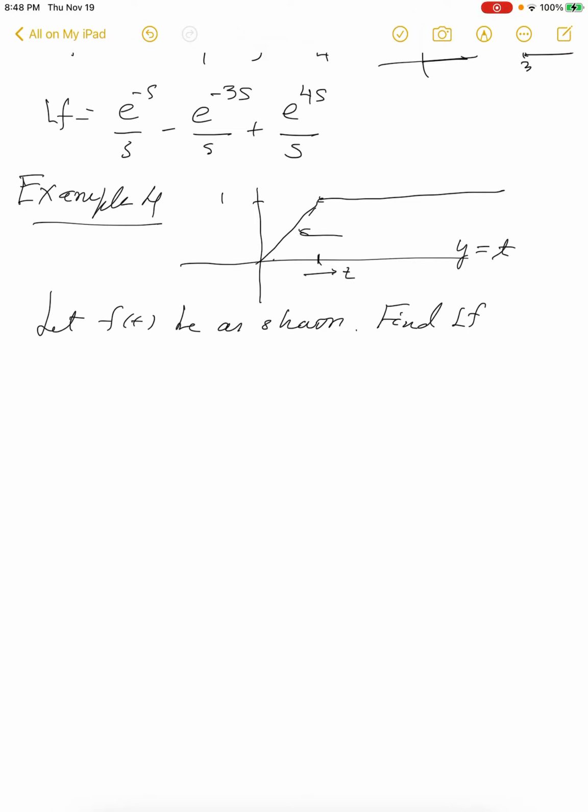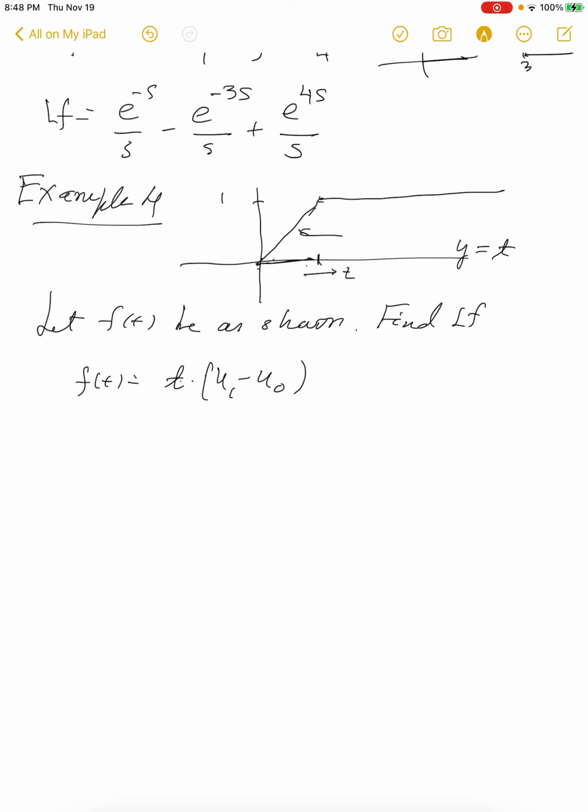So our function is going to be, ft is going to be t times, now I want to make a bump function here between 0 and 1, so it is u0 minus u1. That will give you 1 between 0 and 1, so you are multiplying it by t.